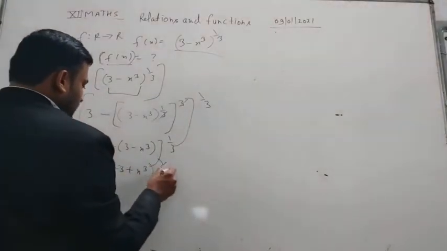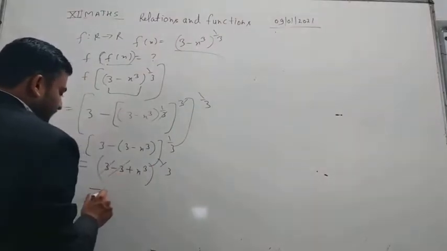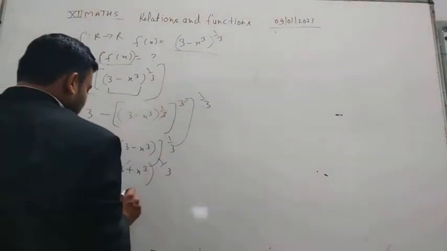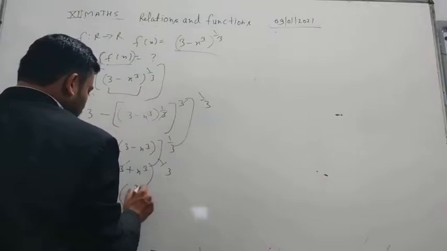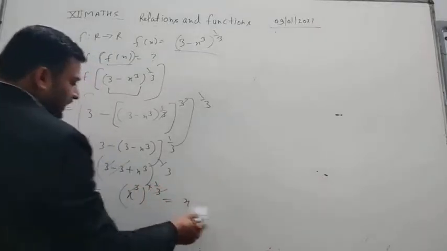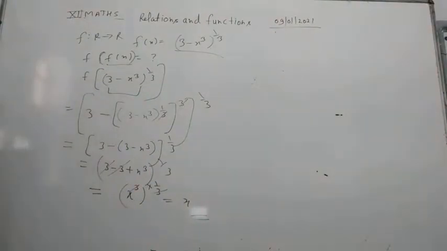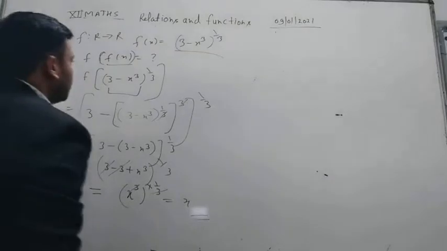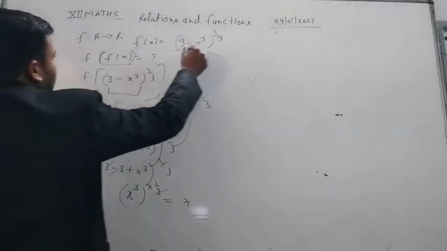So this is (x cube) to the whole power 1 by 3, and this is cancelled, and f of f(x) is equal to x. I hope you understand.